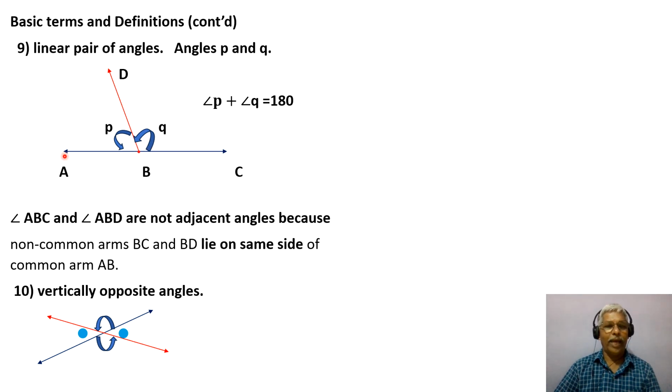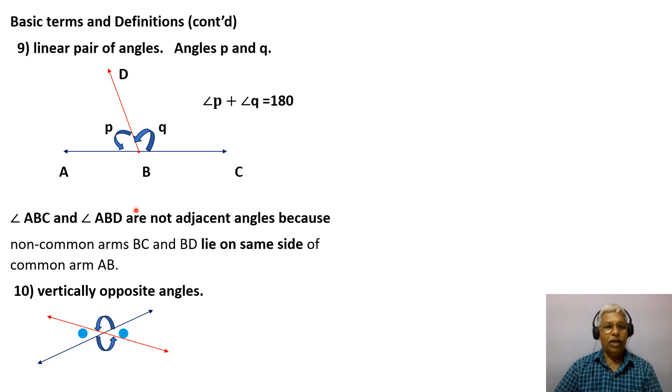And another angle ABD. For these two angles, AB is the common arm. Now just see, for angle ABC and angle ABD, this is the common arm.